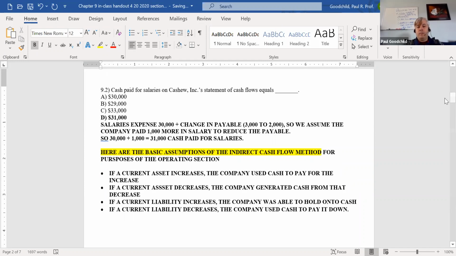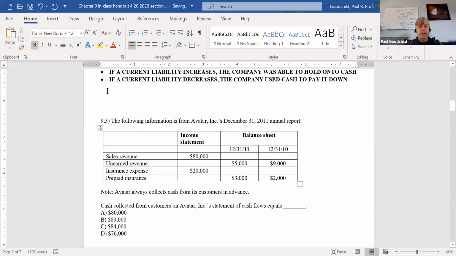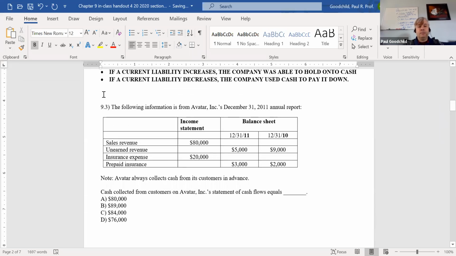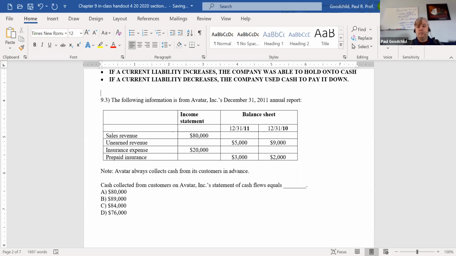Okay. All right, let's move on to 9-3. So here we don't have accounts receivable because it collects its cash from customers in advance. So I want you to take that into consideration, and I want you to try 9-3. I'll give you about 2 minutes and type your answer in the chat. Remember, you're not being graded here, so do your best to answer.